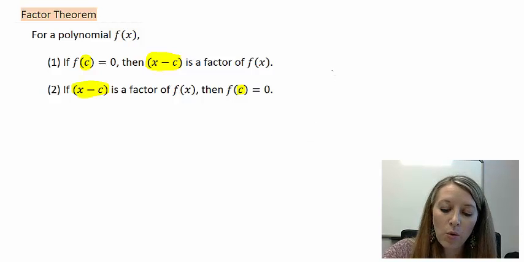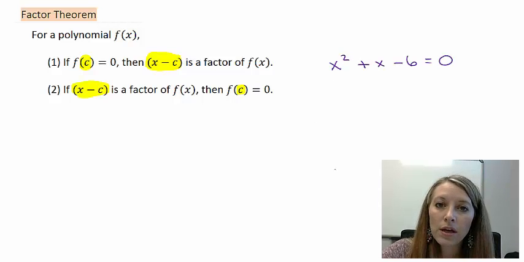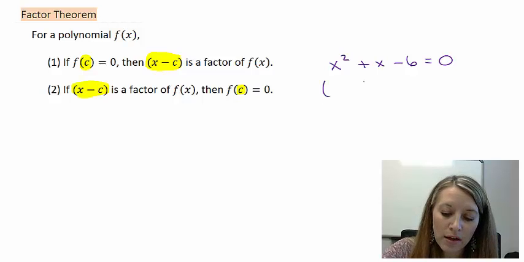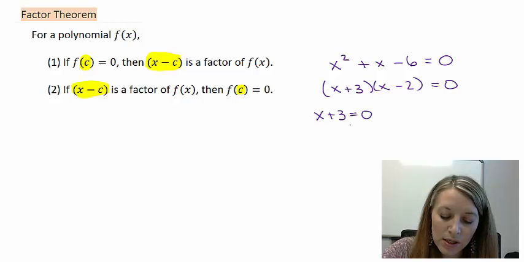If we have the equation x squared plus x minus 6 equals 0, we know we could solve it by using the factoring method. So this factors as x plus 3 and x minus 2. After we factor it, we just set each of our factors equal to 0.